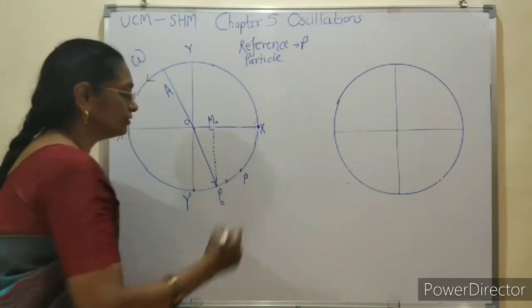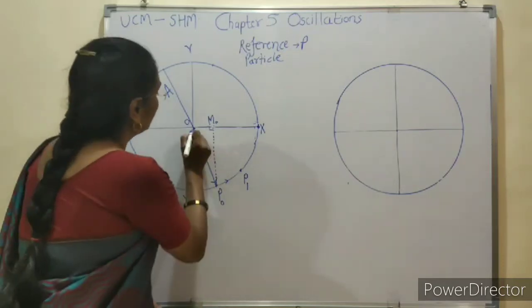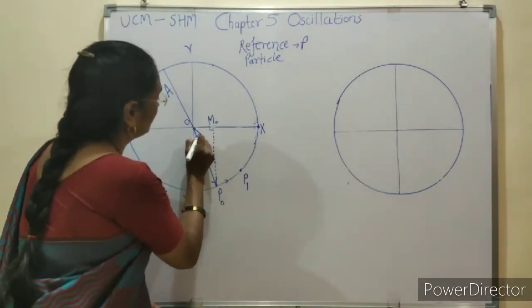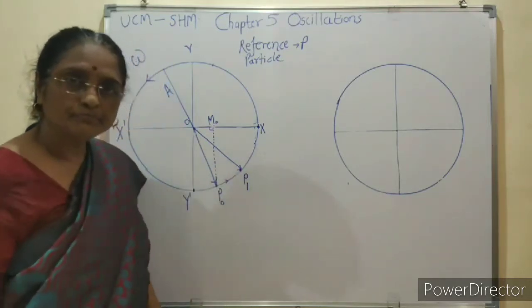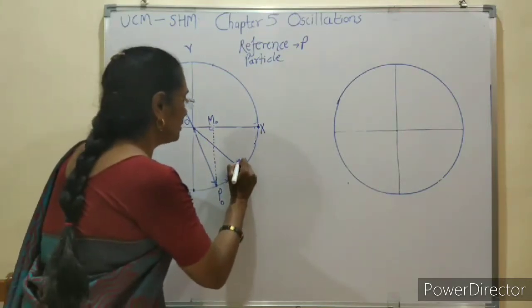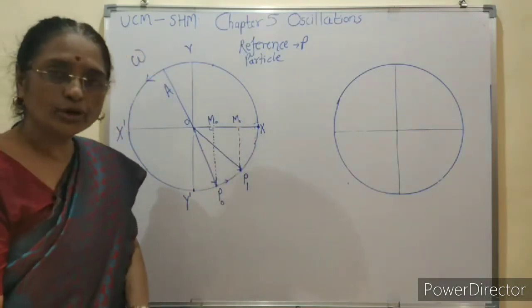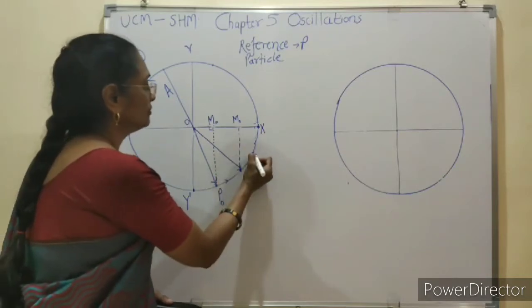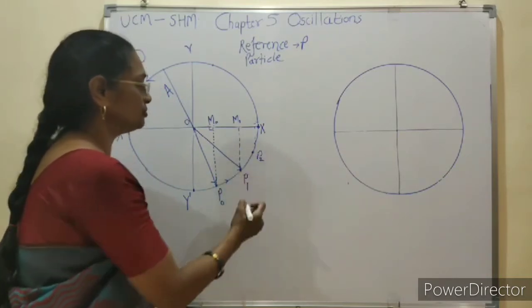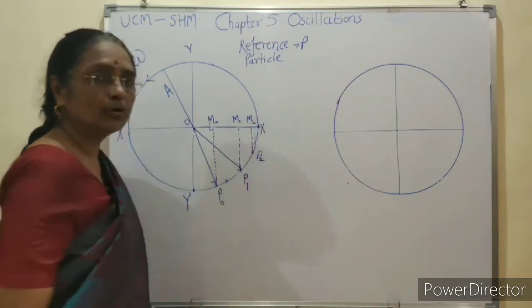Here the new position is P1. We show the radius vector OP1, and again draw a perpendicular. The foot of the perpendicular is M1. Similarly the next position is P2, and the foot of the perpendicular is M2.